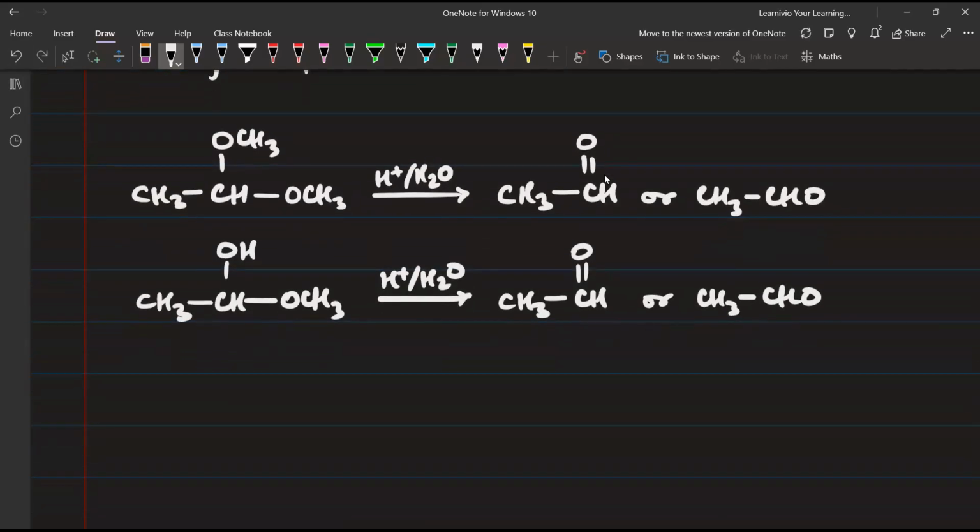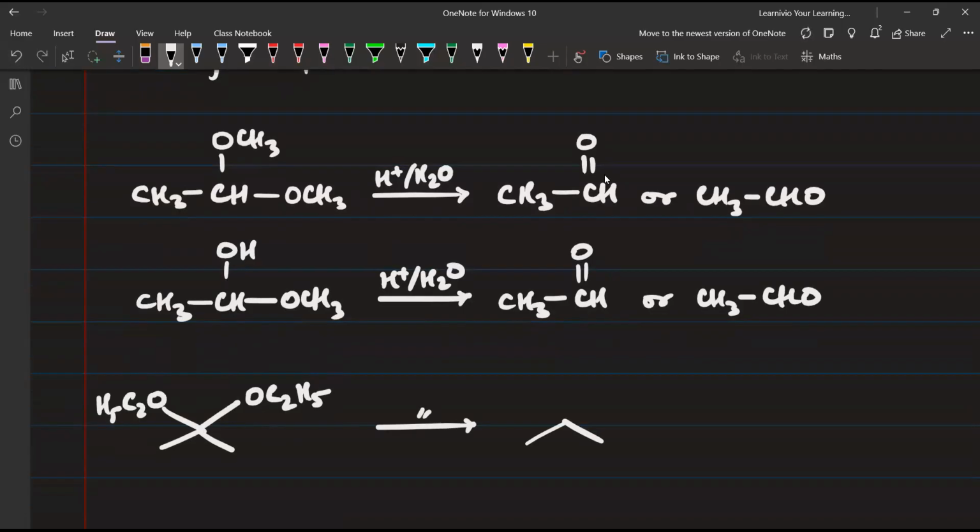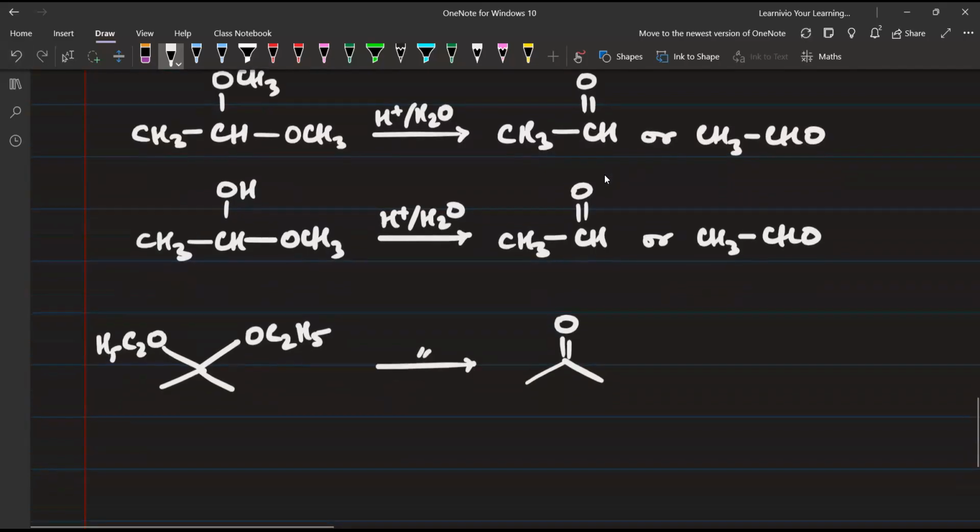If you have something else, for example something like this, OC2H5, OC2H5, with the same reagent, water in the presence of acid, remove the alkoxy. This is alkoxy, this is alkoxy. Remove them. What will remain? You'll be left with something like this. On the carbon from which you removed the alkoxy, just add a double bond O. That's it.